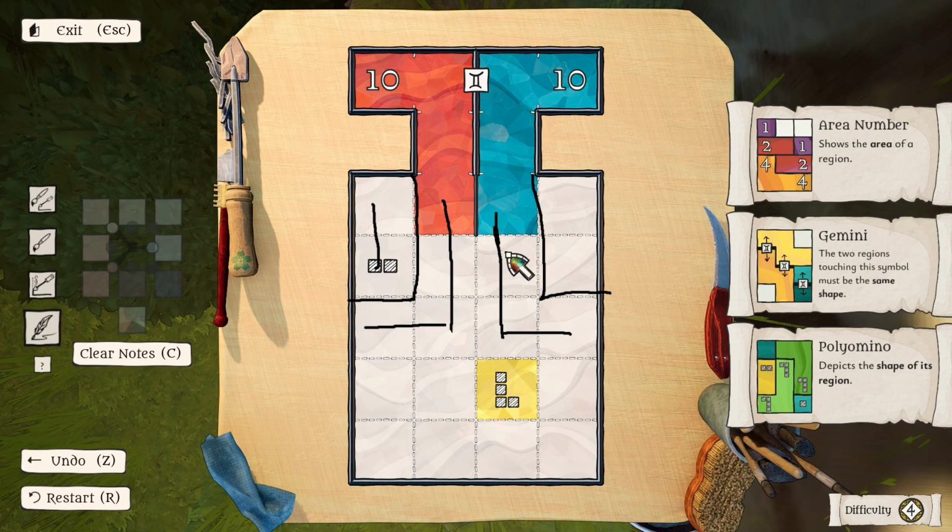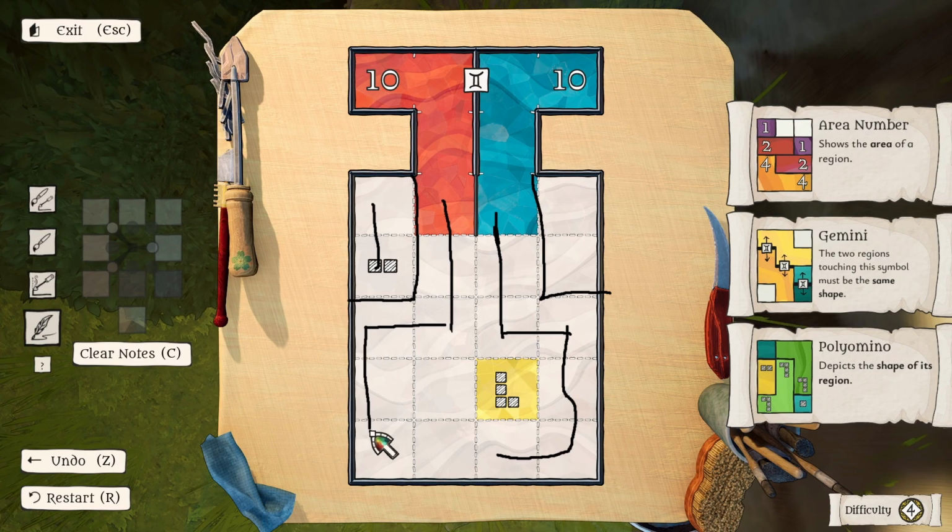So that's 4, 5, 6, 7, 8, 9, and 10. That doesn't work like that.